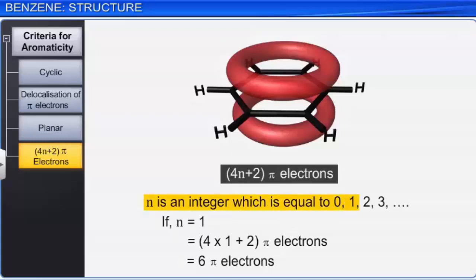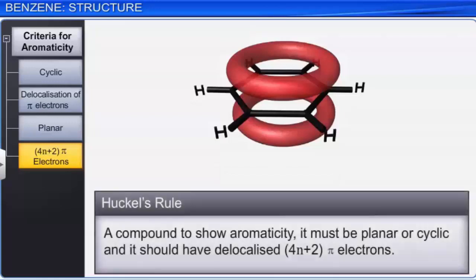This means, for a compound to show aromaticity, it must be planar or cyclic, and it should have delocalized 4n plus 2 pi electrons. This is known as Huckel's rule.